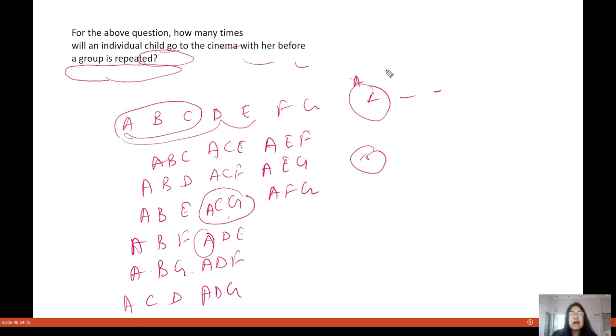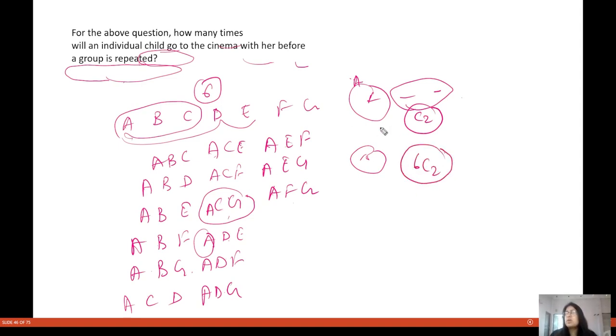Now how many options does she have to fill these 2 places? Out of 6, she can take any 2. So that will give you the same number. So you do 6C2, because A we have already fixed, we can't do anything about that. So both of these children can be picked from all of these 1, 2, 3, 4, 5, 6.